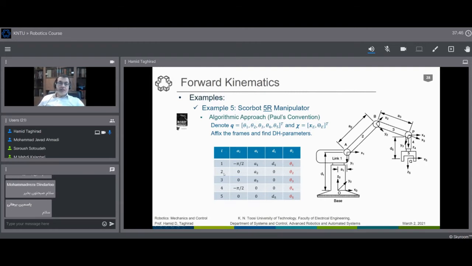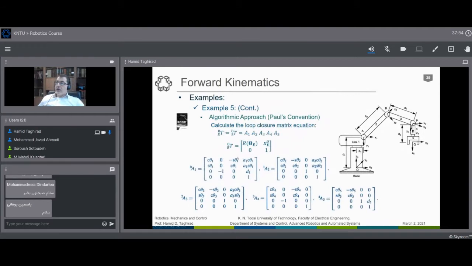You can use the symbolic manipulator of MATLAB, as we will provide for you the examples of them to find all these transformation matrices, and then the final transformation matrix, and then having the loop closure matrix equation here, equate them to each other.